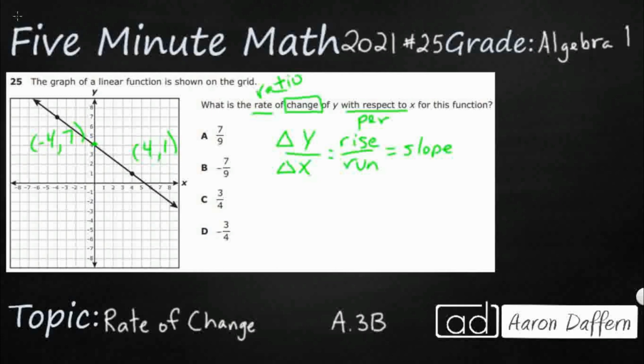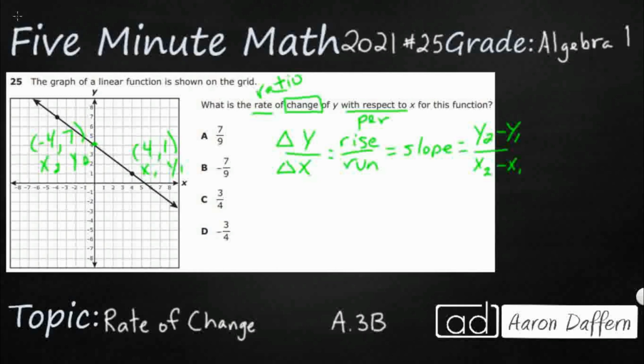Remember our equation for the slope is y sub 2 minus y sub 1 over x sub 2 minus x sub 1. It doesn't really matter which one is x sub 1, as long as it's paired up with y sub 1. So I'm going to make my 4, 1 my x sub 1 and y sub 1. My negative 4 is my x sub 2. 7 is my y sub 2.